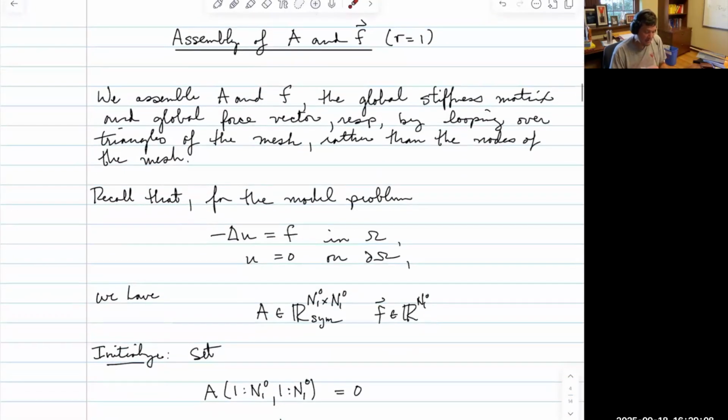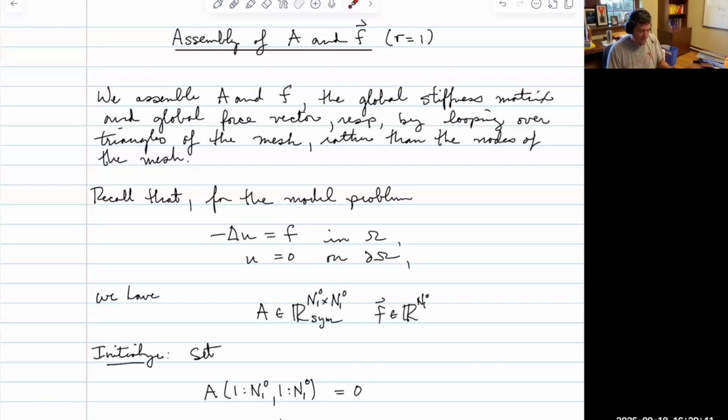Remember, we're solving the model problem, and the stiffness matrix associated to this model problem is going to be a symmetric matrix with N_10 rows and N_10 columns. And it's not just symmetric, it's actually a positive definite symmetric matrix.